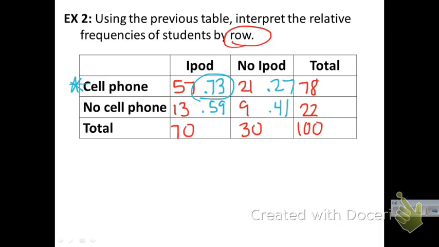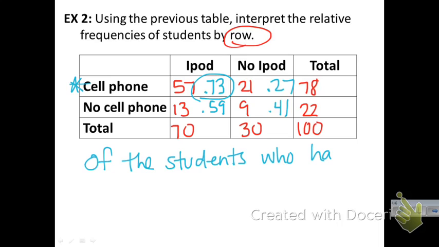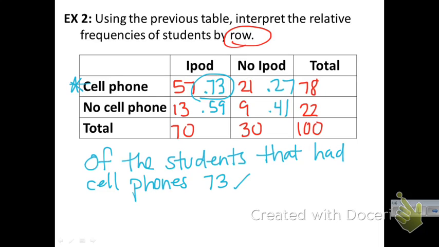So I would say of the students that have cell phones, 73% also had an iPod.